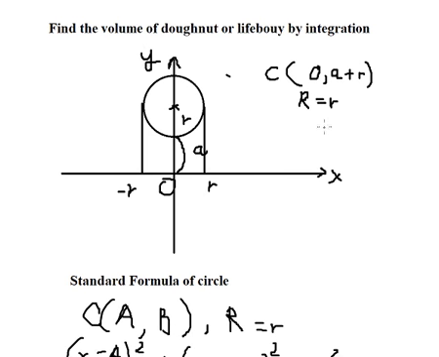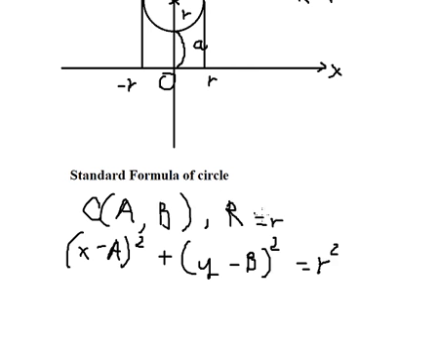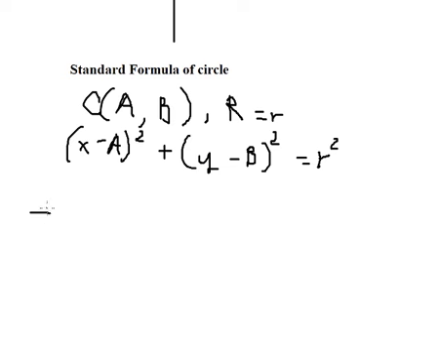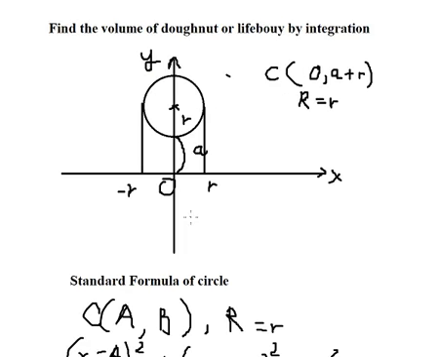So A is 0, B is A plus R, and now we apply this and we have X squared plus Y minus A minus R, everything to the power of 2, equals R squared.